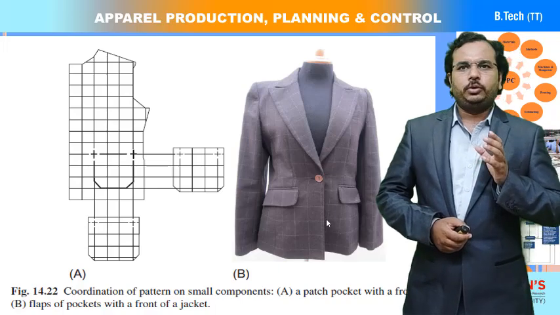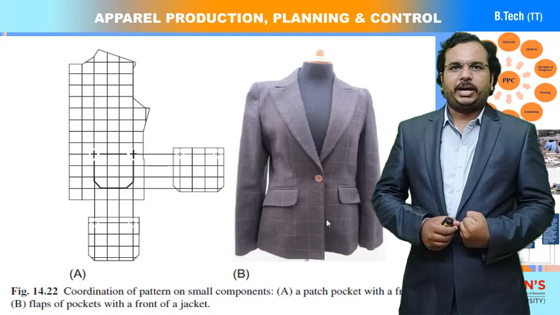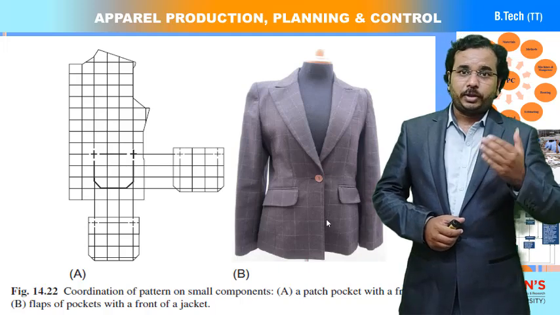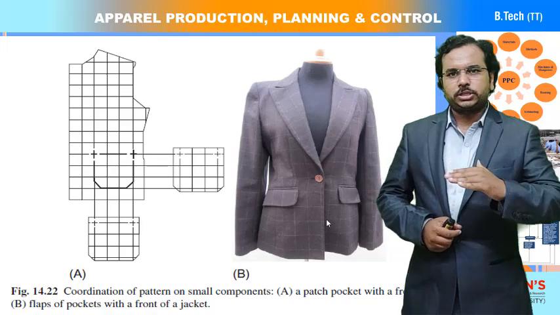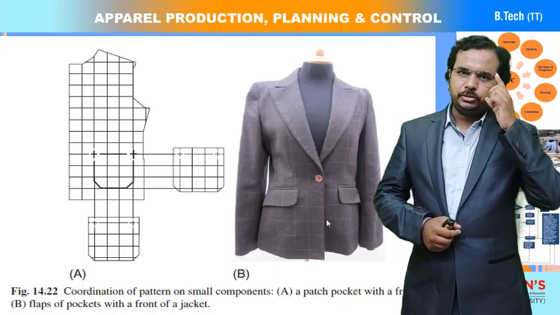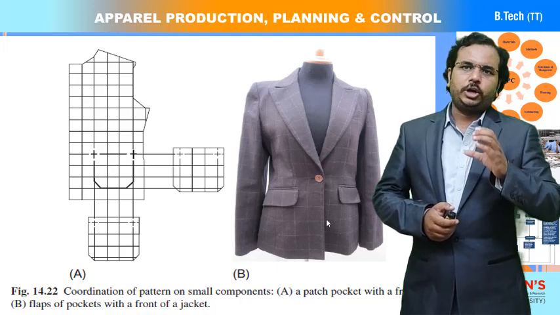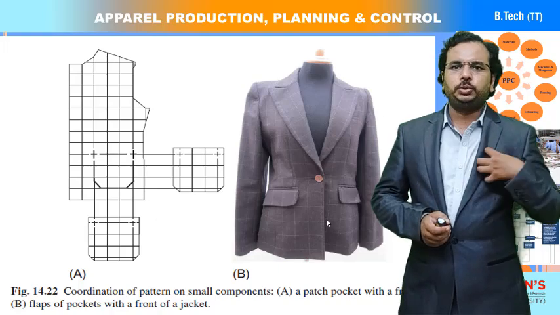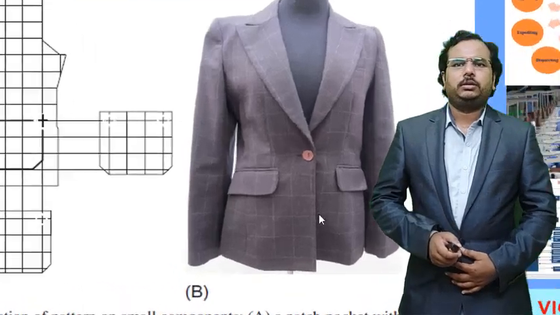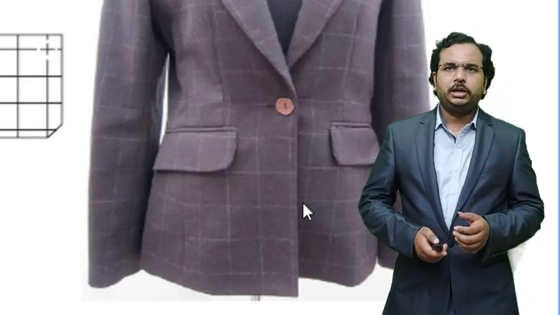You can observe that the pockets are also going to be matched with the body parts. Again, I told you, the length direction as well as the weft or cross direction has to be matched. Then only are the pockets perfectly matched to the bodies of the garment.